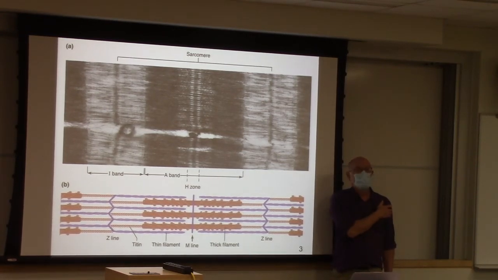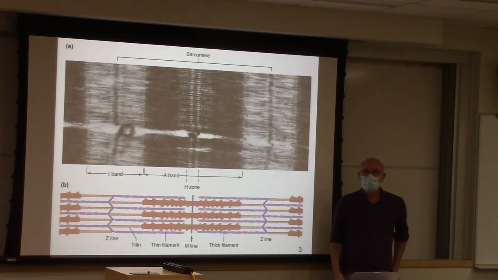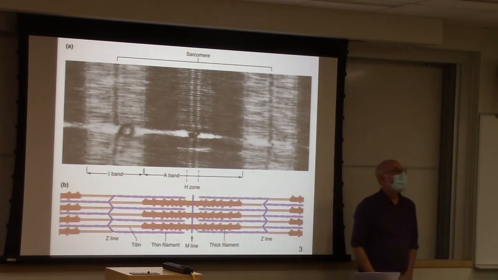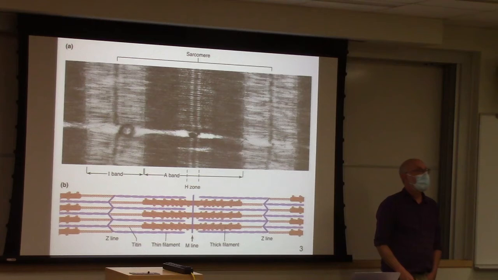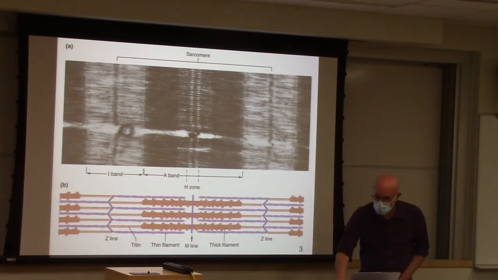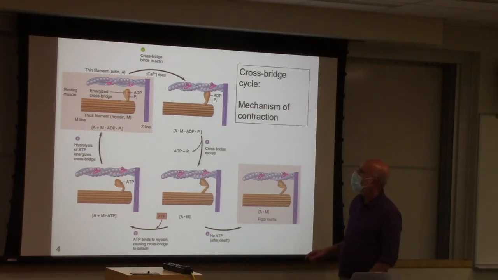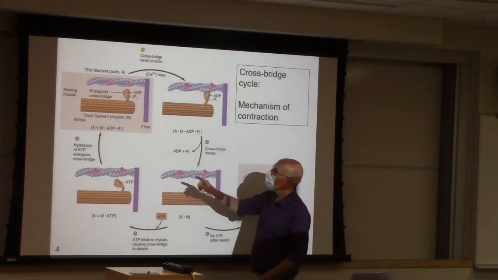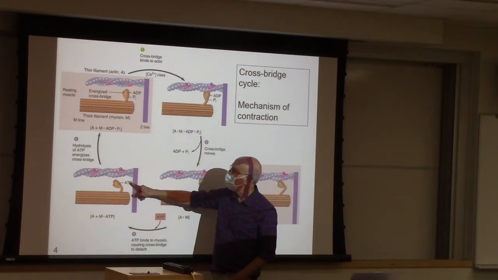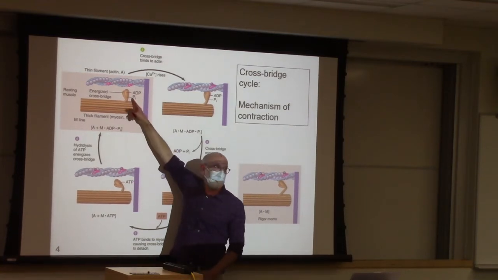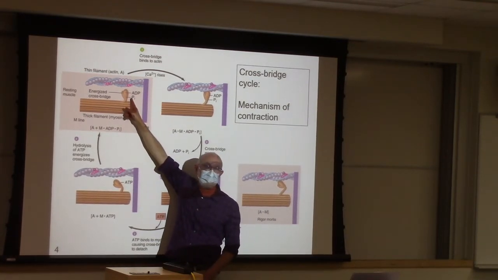All right, problem set. Is this when the ATP is hydrolyzed, is that when myosin goes to the extended position? When ATP is hydrolyzed, myosin goes to the extended conformation.